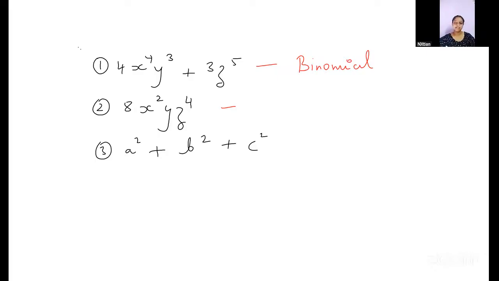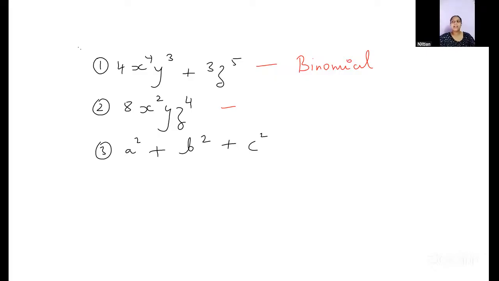Monomial. Yes, ma'am, should I say? Yes. This one would be trinomial. Trinomial. Why trinomial? Because there's no sign to separate x square, y, and z cube, z raised to the power 4.